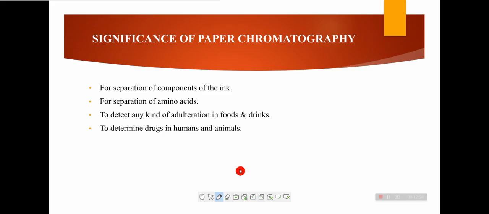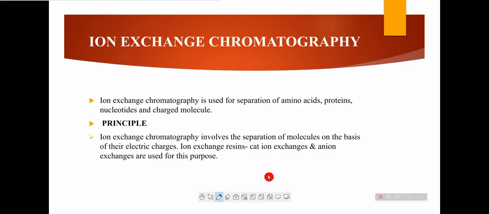Next, for separation of amino acids present in serum or any kind of sample. Then, to detect any kind of adulteration in foods and drinks, and to determine the concentration of drugs in humans and animals, we can also use paper chromatography.